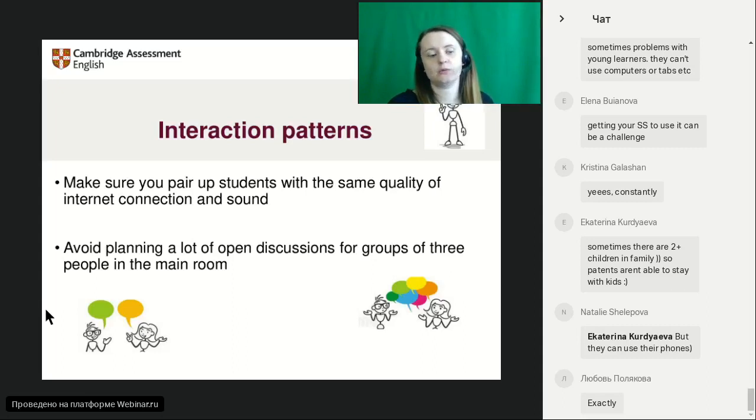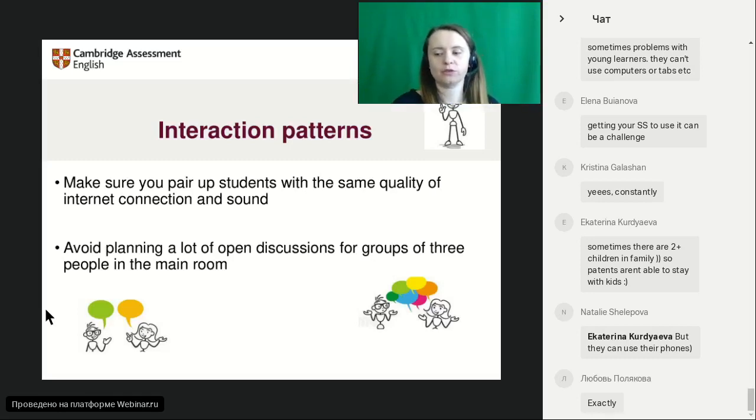So in this case, I would advise not to have a lot of open group discussions, so not a lot of plenaries, because in Zoom, the talking person is the one who can talk louder than the others. So if you can talk louder than the others, then you can express your ideas. Unlike in real life, when we can control this thing.